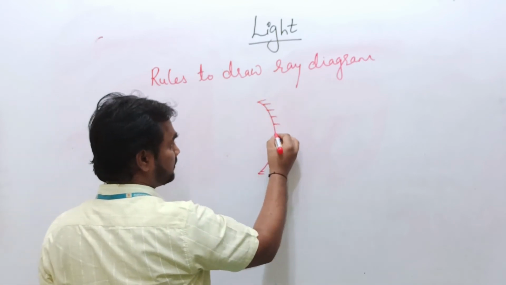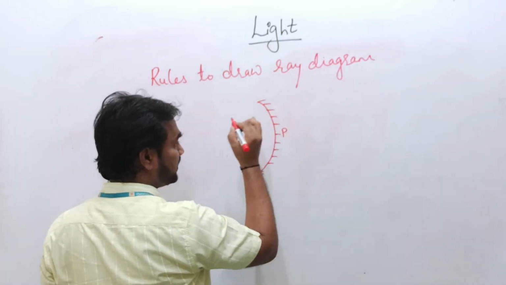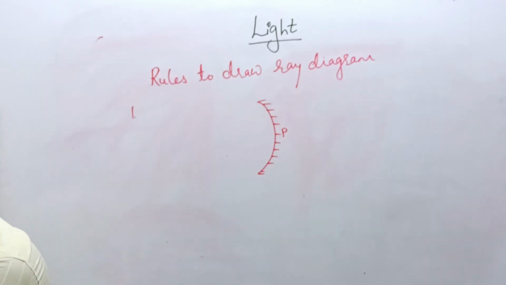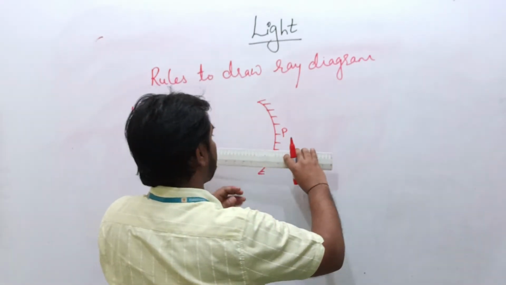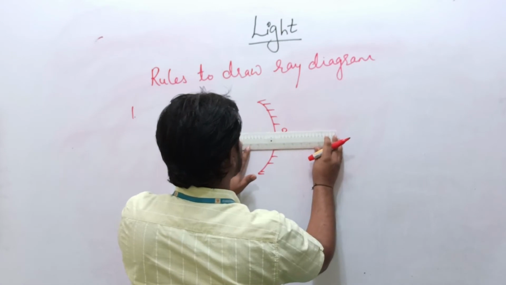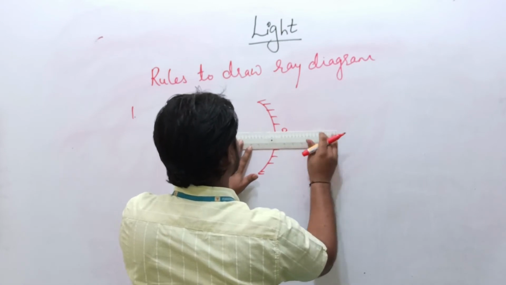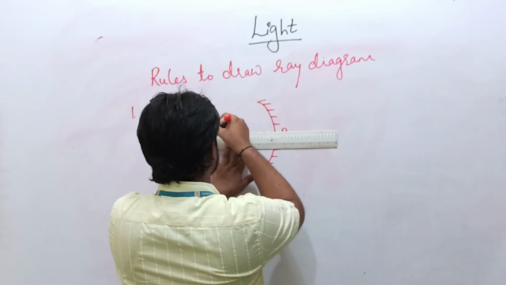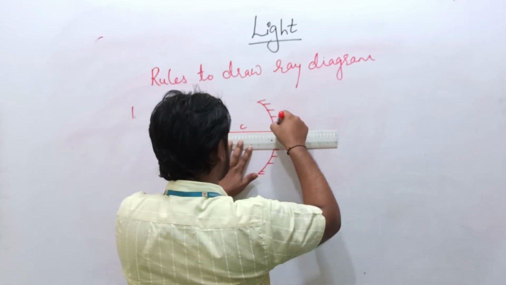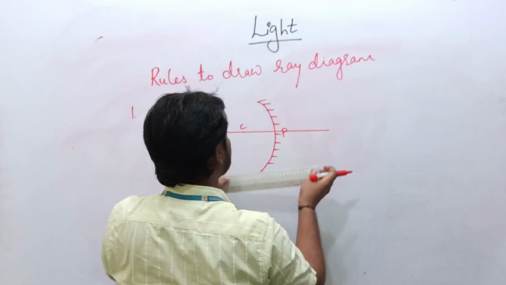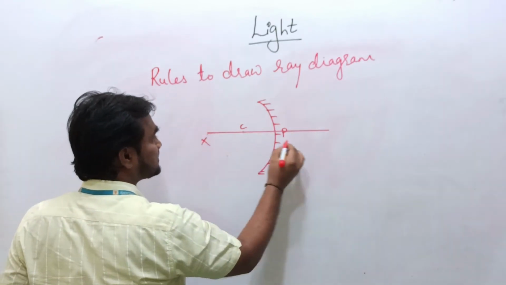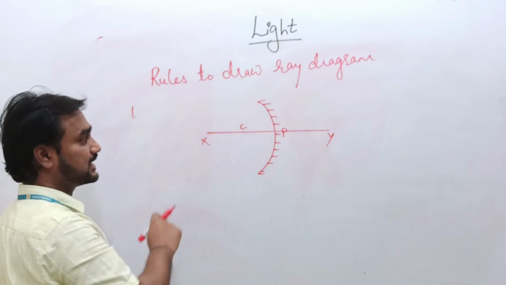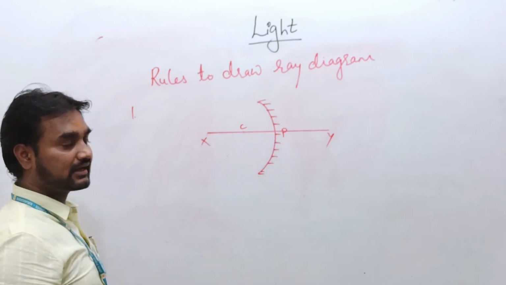The center of this I take as P, the pole. Let me draw a straight line and point the center of curvature as C. If I draw a straight line passing through the center of curvature and the pole, that is the principal axis XY. C is the center of curvature, CP is the radius of curvature.